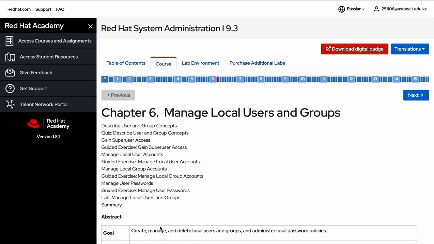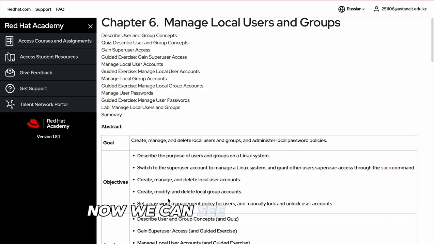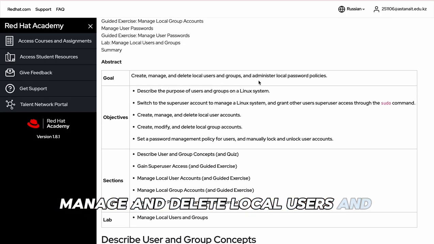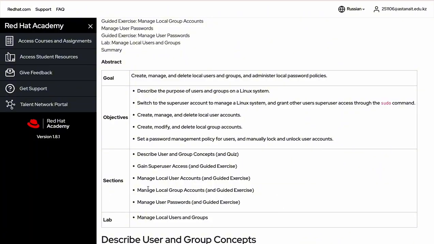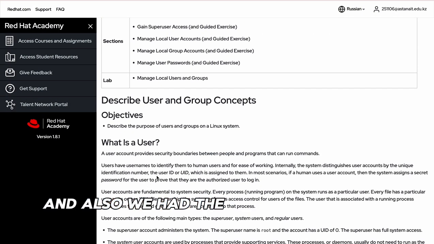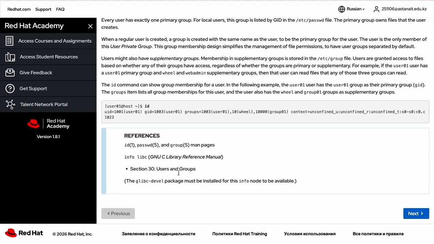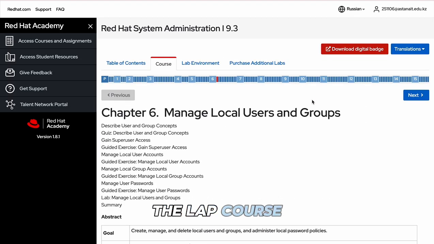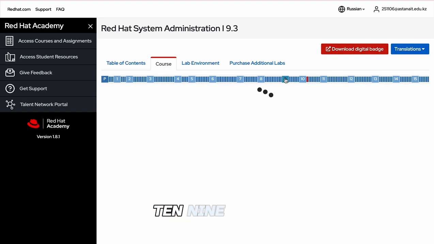Chapter 6, manage local users and groups. Now we can see the goal: create, manage, and delete local users and groups, and administer local password policies, the objectives, the sections, and also we had the lab, manage local users and groups. References about how to do it, the lab course, and let's move on to chapters 11, 10, 9.